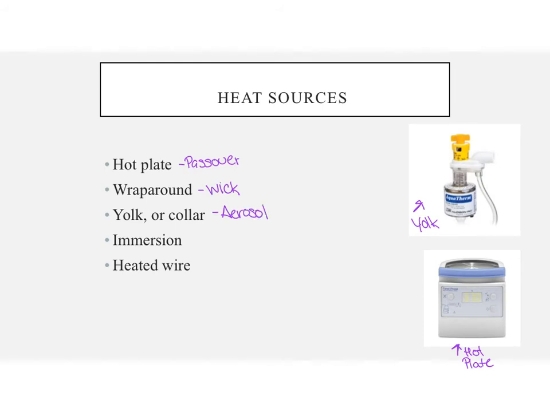We have immersion heaters, and that's when the heater is put into the water reservoir. And then we have heated wire, and that's going to be inside the patient circuit.